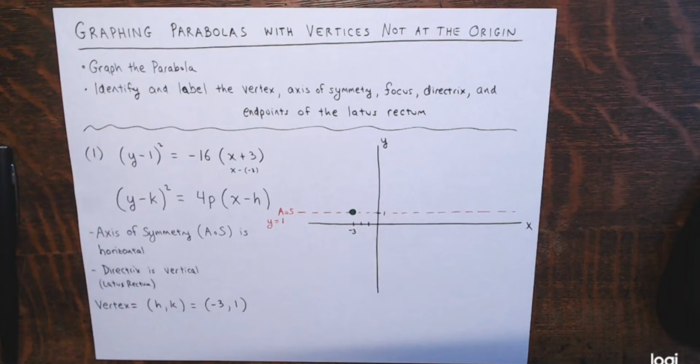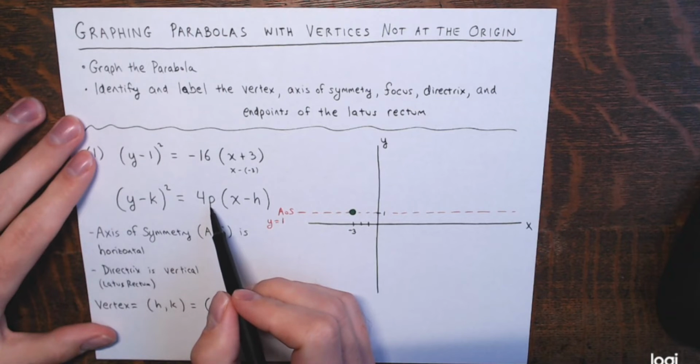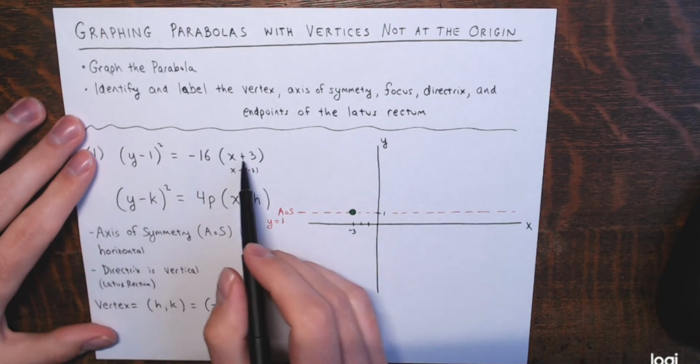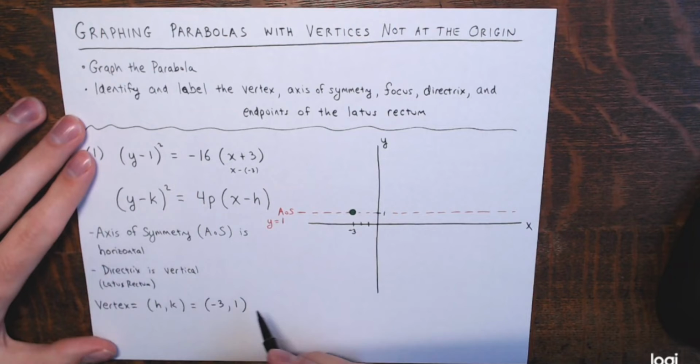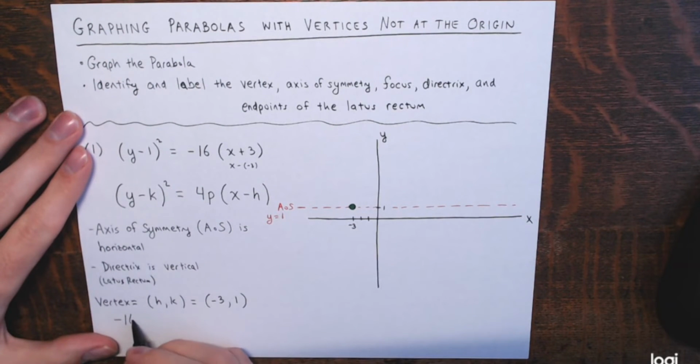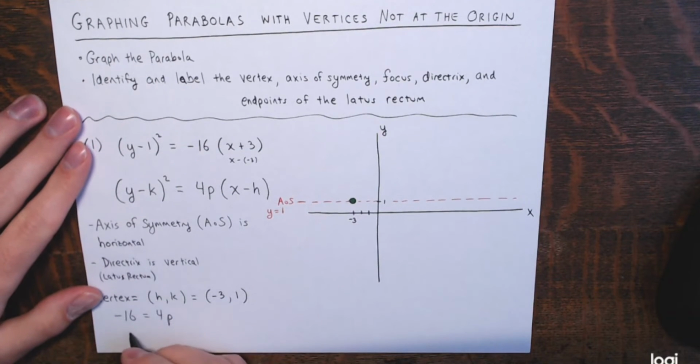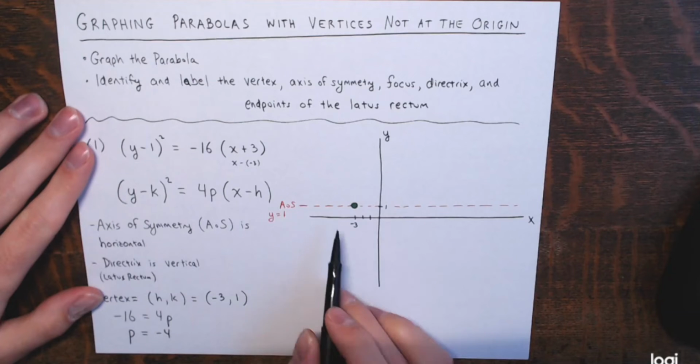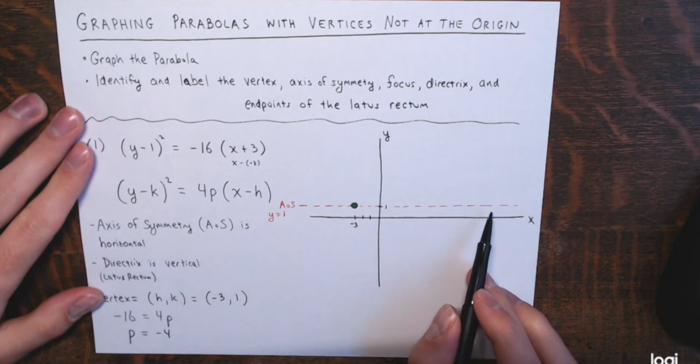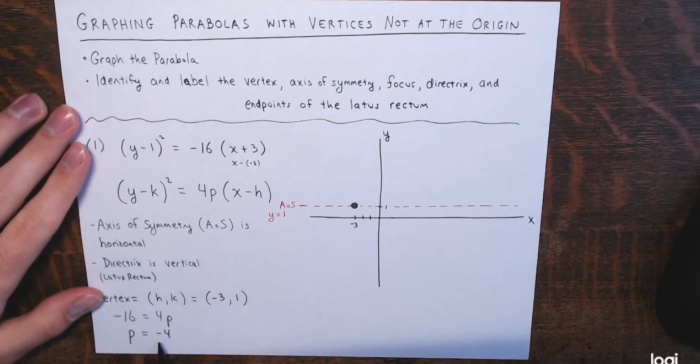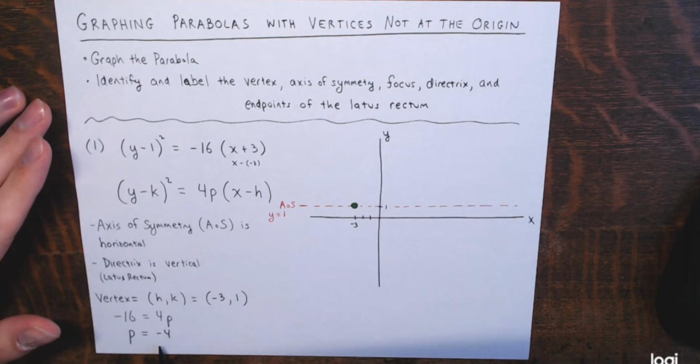All right, now I'd like to find that focus and directrix. So I need the value of this p. Well, this is in standard form. The negative 16 is what is equal to 4p here. So the value of p would be negative 4. Now if we're talking horizontal axis of symmetry, remember a negative change means go left.